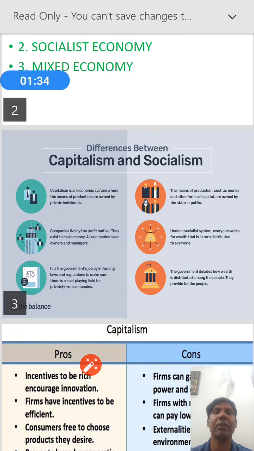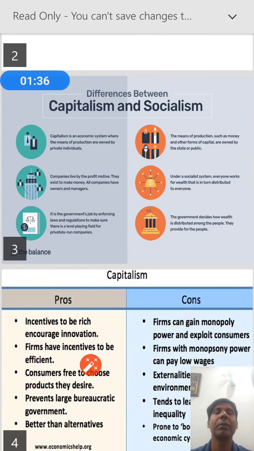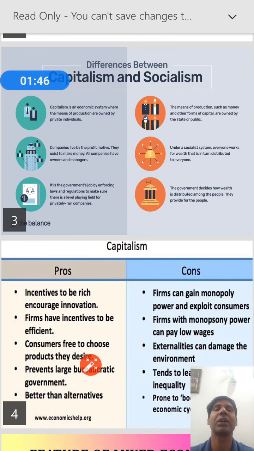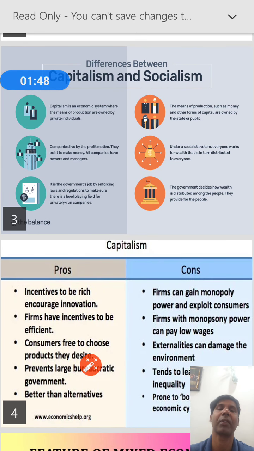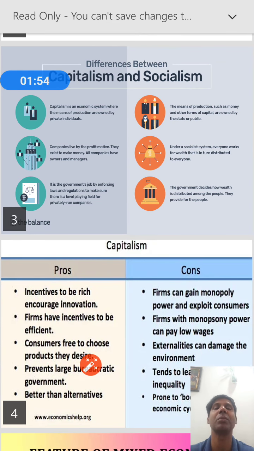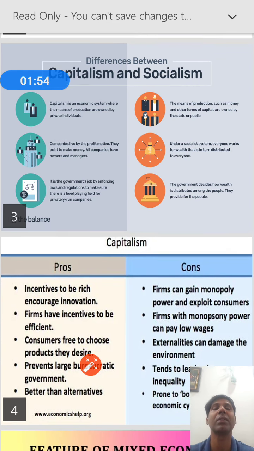Now, in the next slide, we can see the difference between capitalism and the socialist economy. In a socialist economy, all the means of production and distribution are under the control of government. At the same time, in the capitalist economy, they are under the control of capitalists.